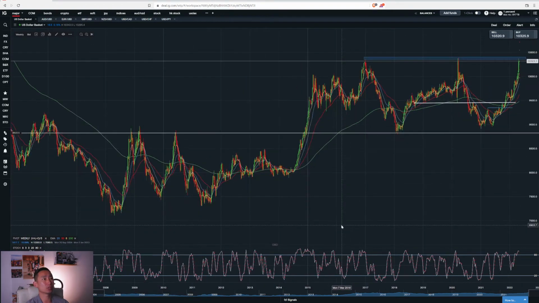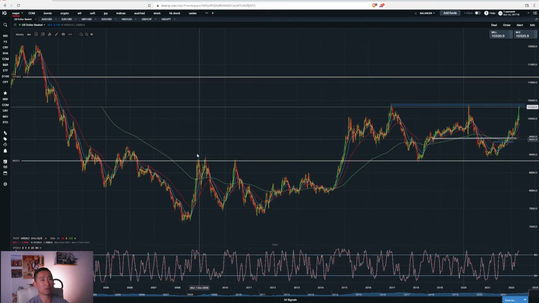Actually, when price visits a level multiple times, it's likely to break. If you see around this area here, when it broke 88, it stayed below 88 for many years, from 2006 until 2015, so nine years.